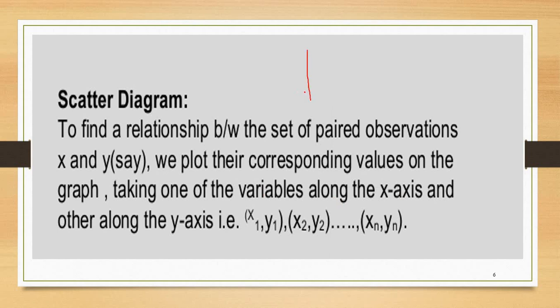We take one variable on the x-axis and the other variable on the y-axis. Let's suppose here we take the variable y at the y-axis, and here we take the variable x at the x-axis. The very first value is suppose x1 and y1 of the random variable.